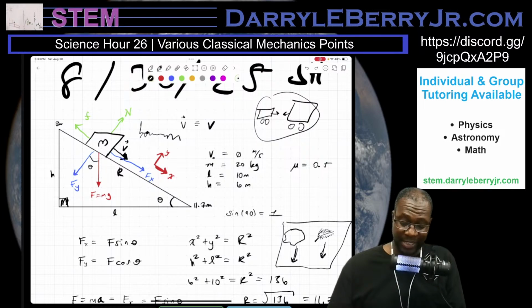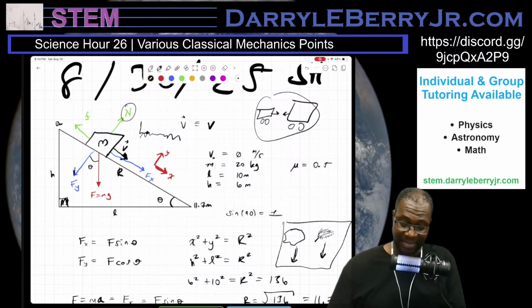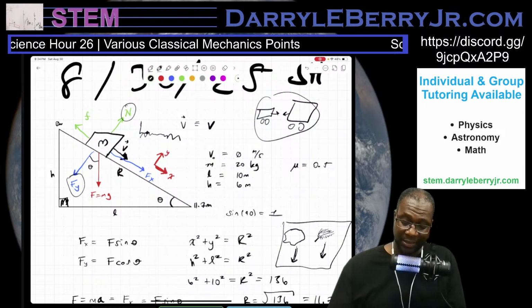And the idea is that we use the normal force because this is the force that's balanced by this y force. If it wasn't equal, the object would either be floating off of the ramp or sinking through the ramp. So we know that these two forces are equal, which is why it stays in contact with the ramp.